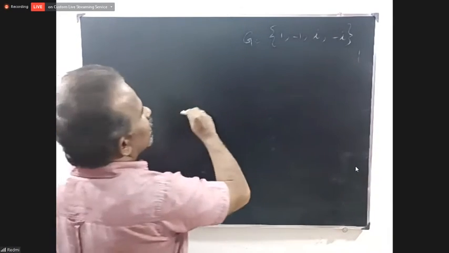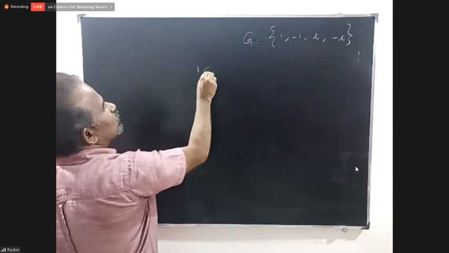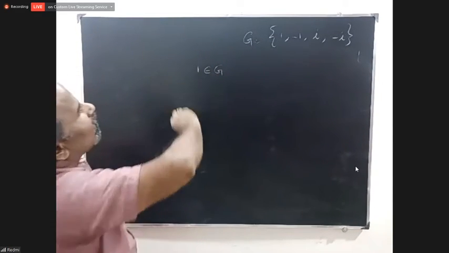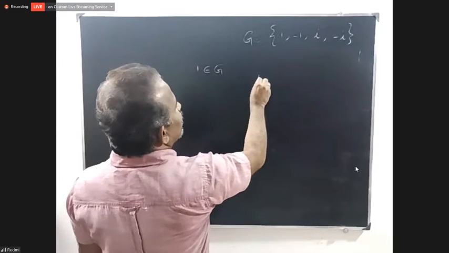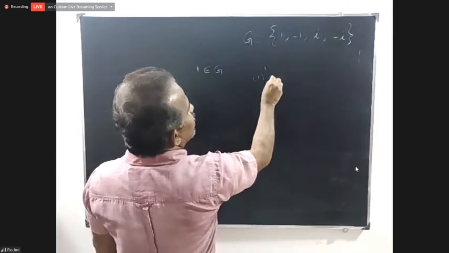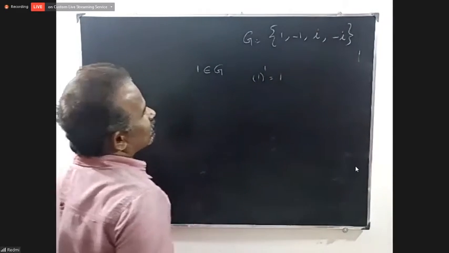Suppose I take the element 1, which belongs to G, that is a. There exists a least positive integer such that 1 power 1, that is a power 1, is equal to the identity. Identity is 1.